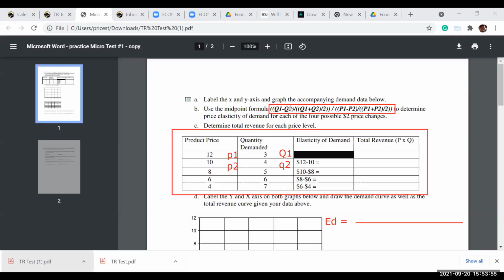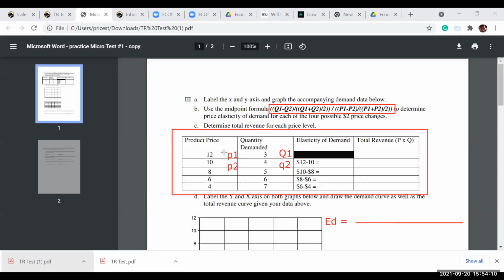What I'm going to do is take this formula, that's what we call the midpoint formula. I'm going to put all the things that change in Q, the quantity, up in the numerator, and all the things that change in price down here in the denominator.